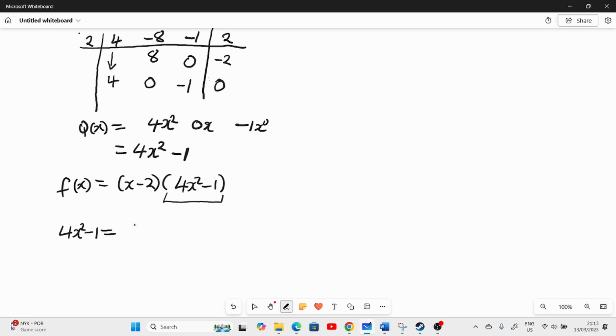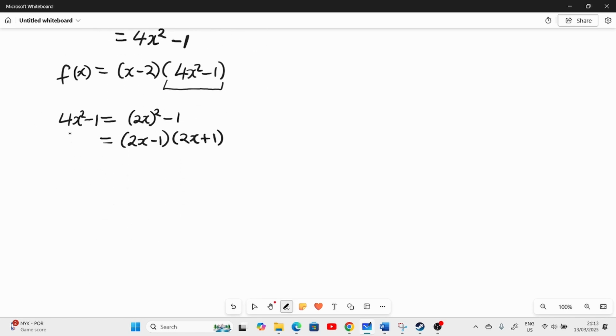This can be written as 2x squared minus 1. Then using the difference of two squares, we have 2x minus 1 times 2x plus 1. So our given polynomial can be written as a product of its three factors: x minus 2, 2x minus 1, and 2x plus 1.